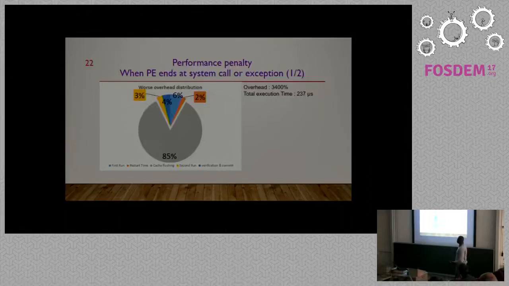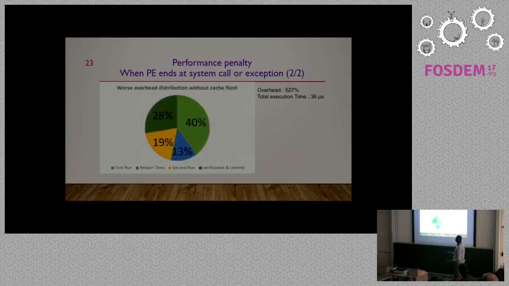But if we remove the time spent in cache flushing, we find a more acceptable performance overhead. When we remove this time, we find that the first execution can take only 40%. The second execution is about 13%.